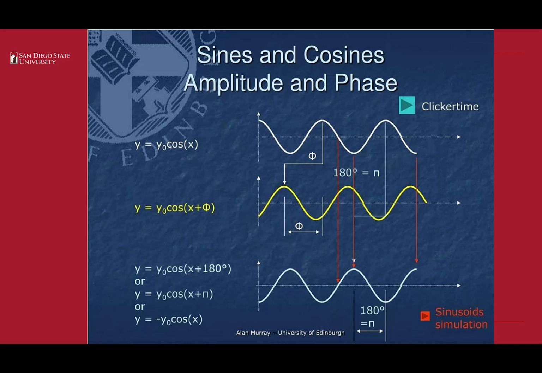If you think about that, this is very reasonable, because the period is 2 pi. So if you shift the signal a fixed length of 2 pi, then you will get the same signal. But if you shift it by 180 degrees, you will get the exact opposite of the signal.